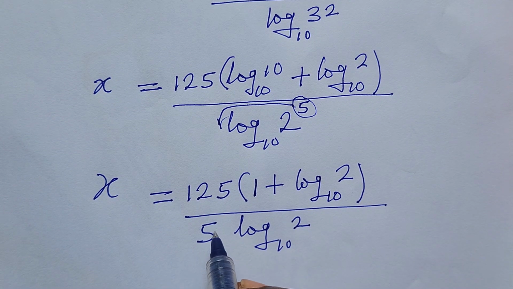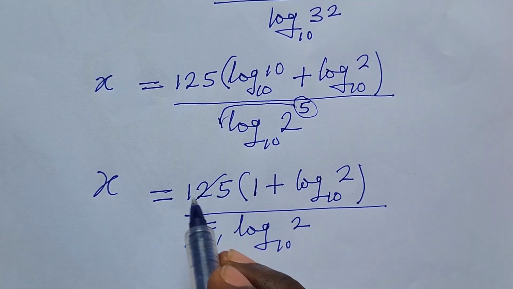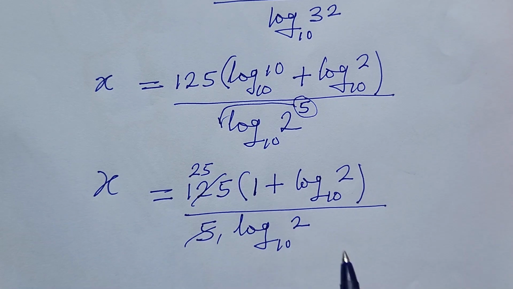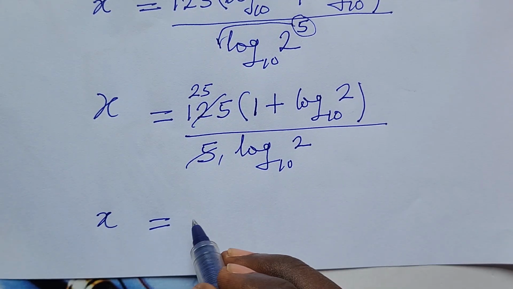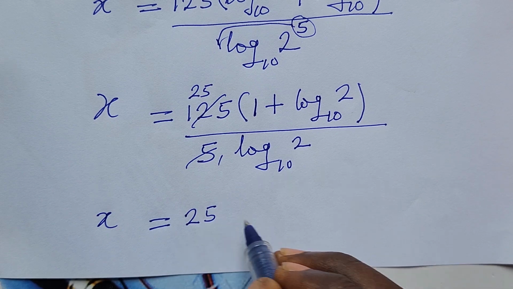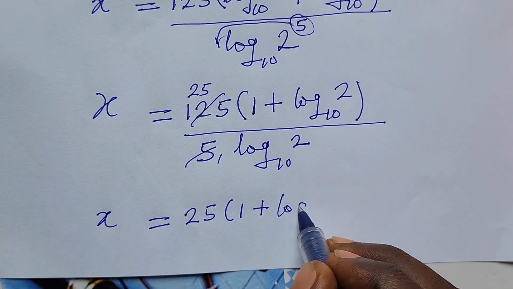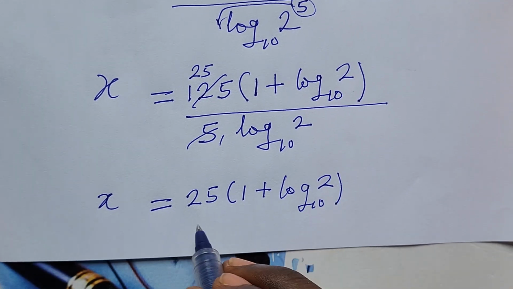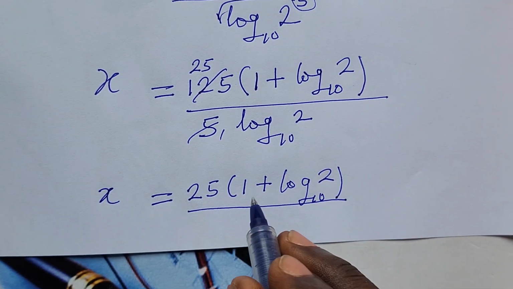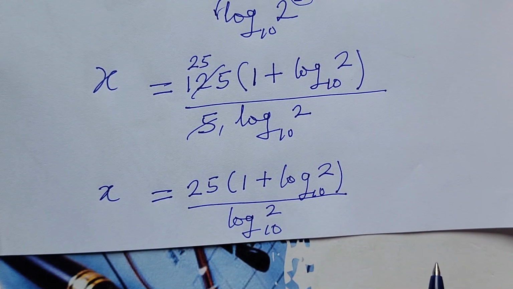Good. So we can use 5 to divide the 5 here. The 5 into 125 will give us 25. So our equation is now reduced to 25 bracket 1 plus log 2 base 10 close bracket all over log 2 base 10.